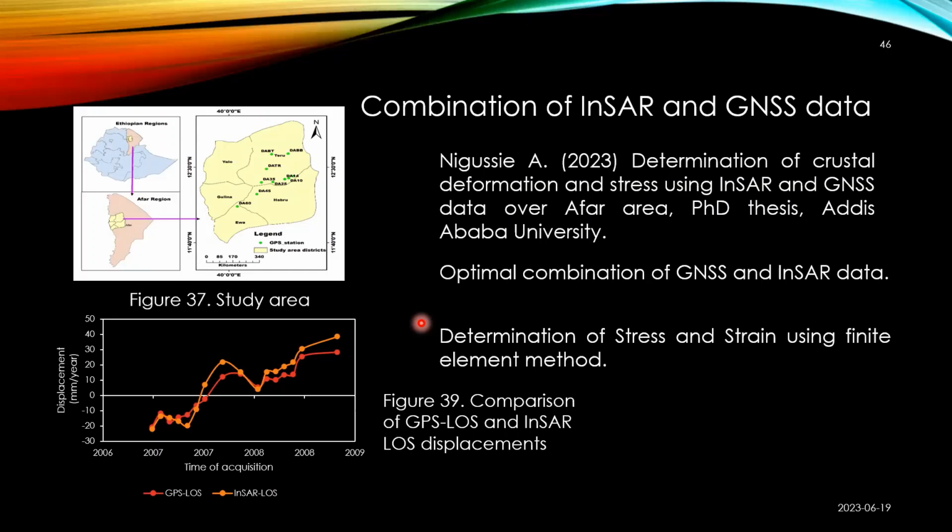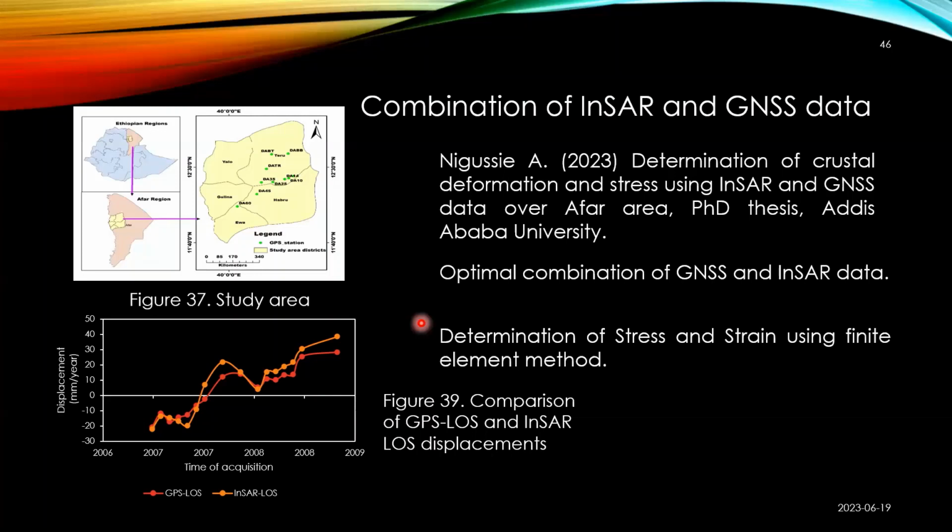And we have done some studies, first for the agreement and checking the quality of the line of sight measurements of the GNSS and also the InSAR data, and how to combine them, how to estimate the combined velocity field for that. This is what we have done actually. The article hopefully will be published soon.